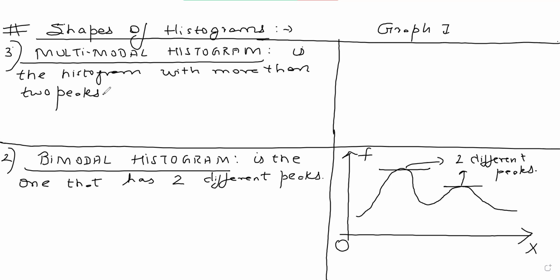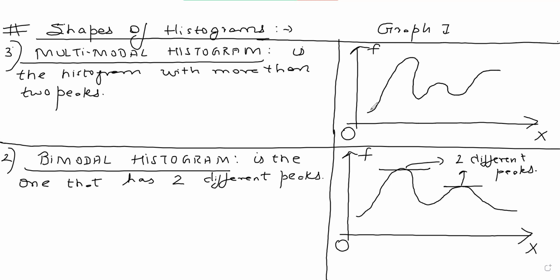So a histogram with more than two peaks will be called a multimodal histogram. Somewhat like this. Again, I have the variable, I have the frequency. This is one peak, this is another peak, this is another peak. So there are three different peaks. Or I can draw multiple peaks. This is a multimodal histogram.